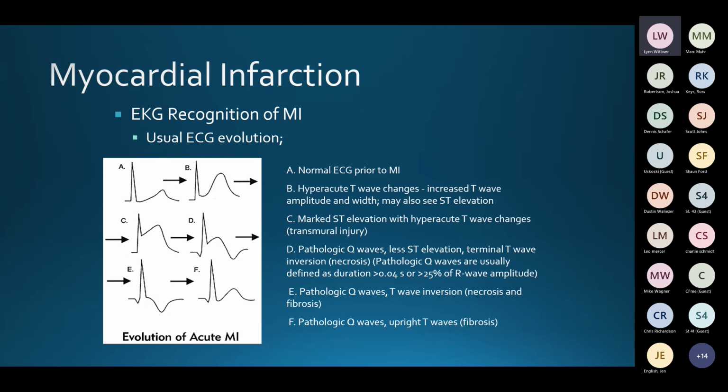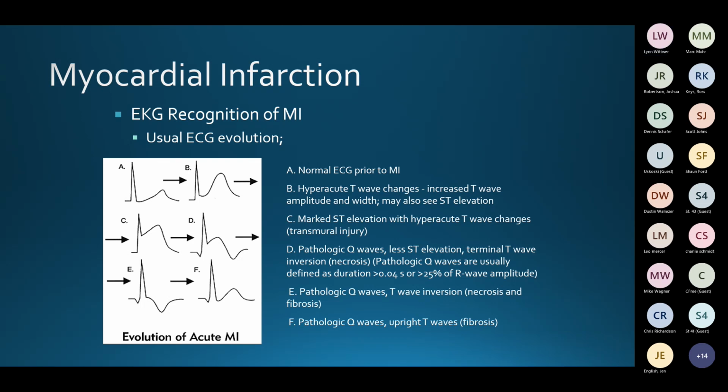You may not have much ST elevation here, but now as we move along, and this may be minutes, this may be a half an hour, whatever, you start to see a marked elevation of your ST segment. The T wave becomes a little less peaked and less acute.